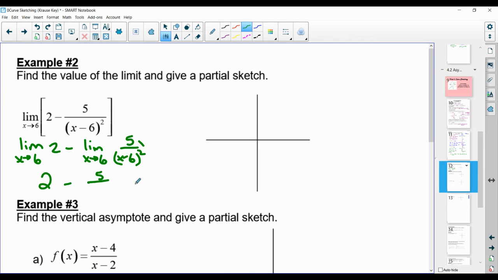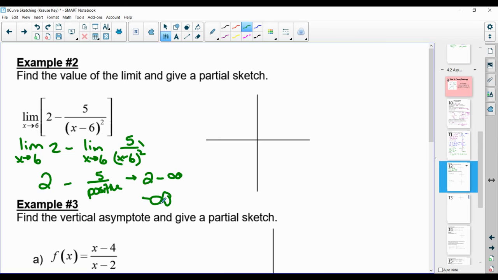Notice I can't plug in 6 minus 6 because that's going to be an asymptote. But if I plug in some value there, whatever I plug in, when I square it, I'm going to get a positive. No matter what I get, I'm going to have a positive here. So 2 minus 5 over some positive number. Well, 5 over some positive number is leading us towards infinity. So my limit is going to be 2 minus infinity. Well, 2 minus infinity means my limit ultimately is going to be negative infinity.